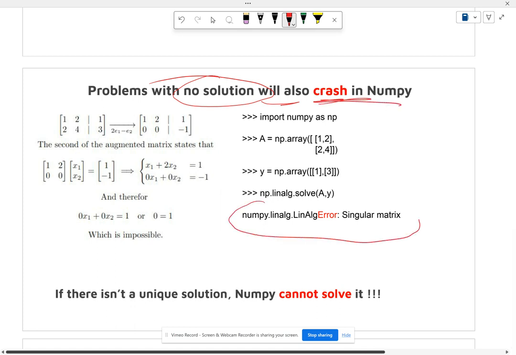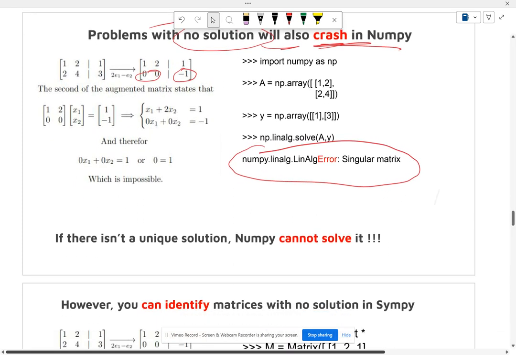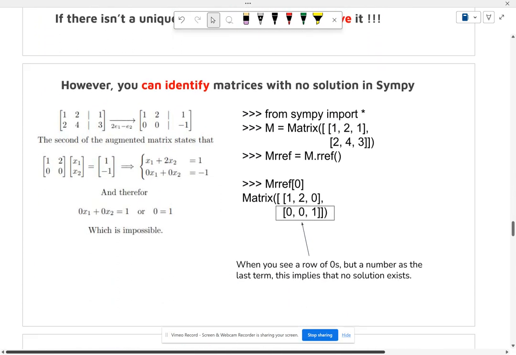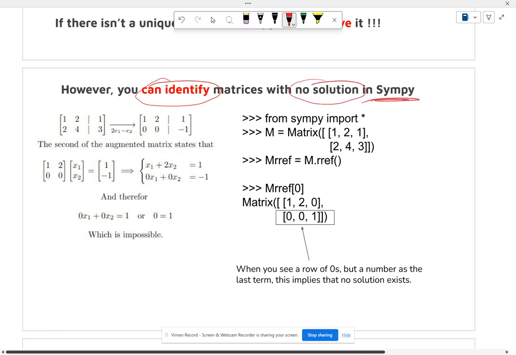Crash. So in this case, you see it's saying that 0 is equal to -1. NumPy can't solve it because there isn't a solution. However, you can identify matrices with no solution using SymPy with the RREF function.